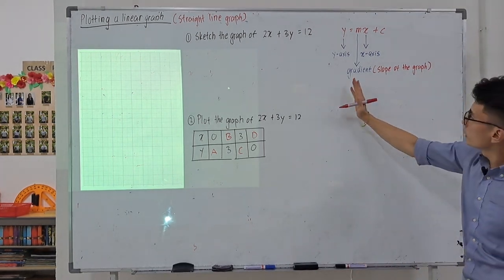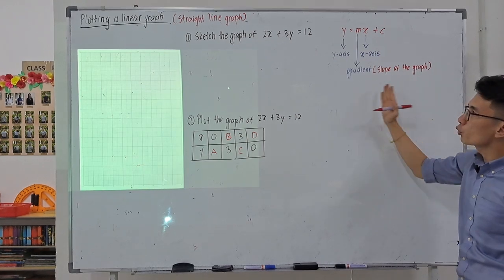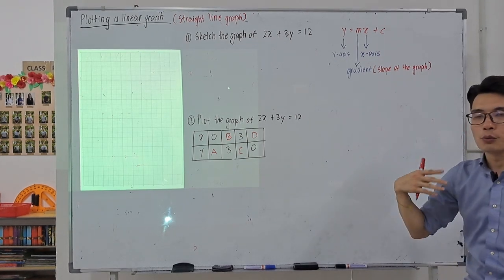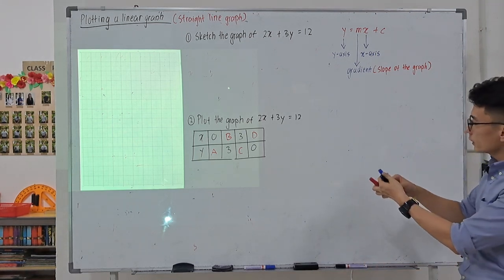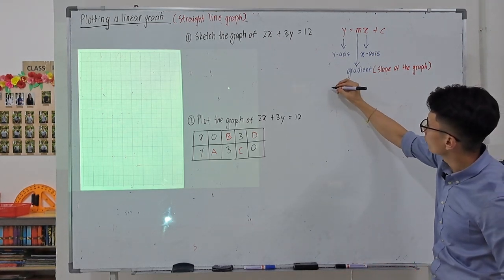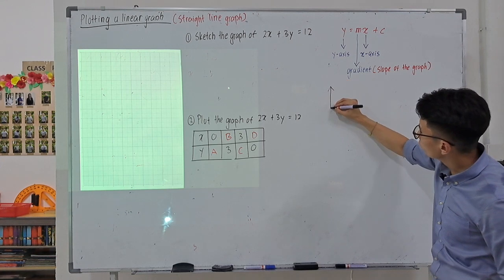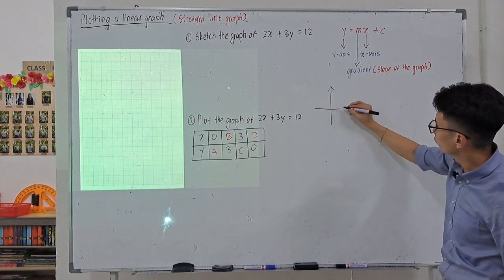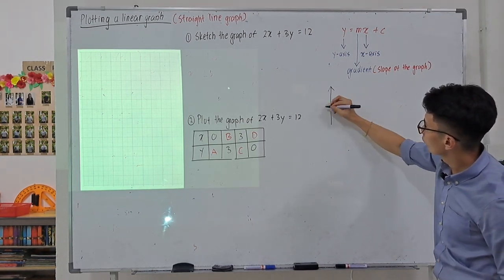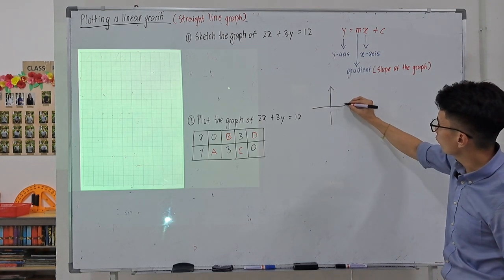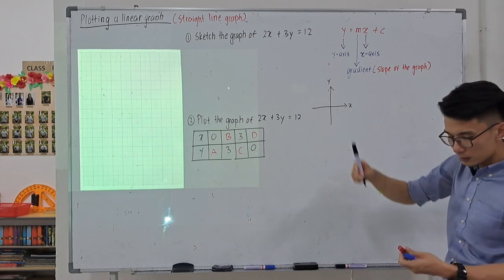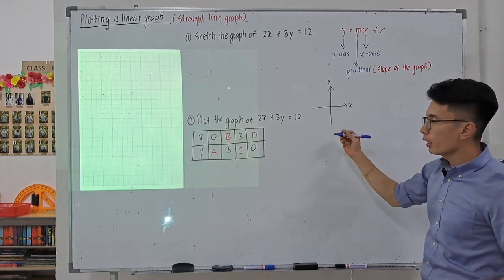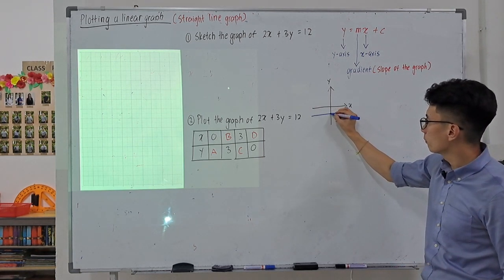Now let me just sketch out a few graphs here, so you will understand better what a gradient is. So let's start with a simple sketch over here. The first one over here, I have my x-axis and y-axis. Now let's just say my line falls over here.